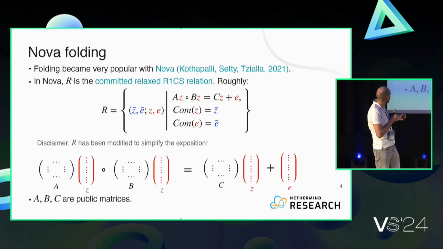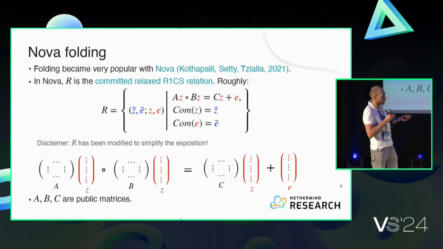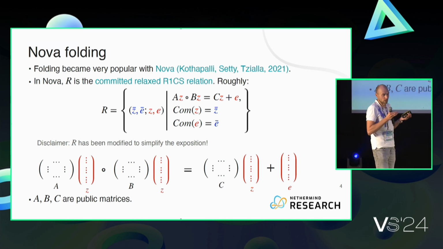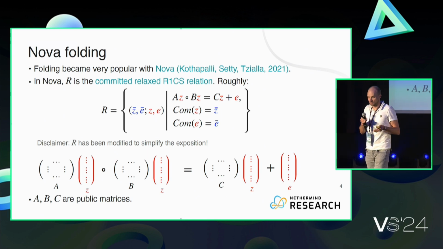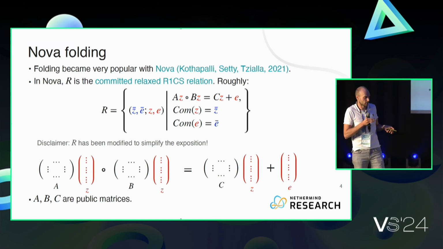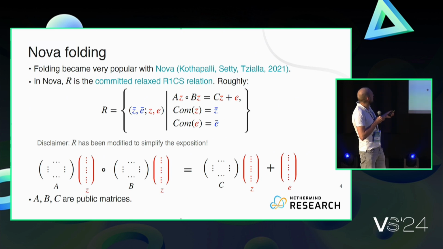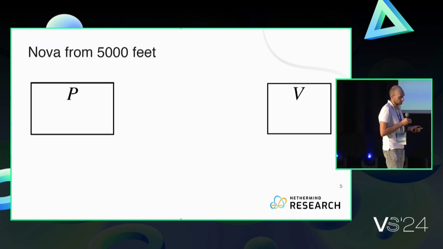A, B, and C are matrices that describe our computation, our circuit. Z is our witness, the evaluation of the circuit gates, and E is the error that comes from folding. Because A, B, C denote the computation we are doing, these are public matrices. Importantly, we also have access to the commitment to the witness and the error.